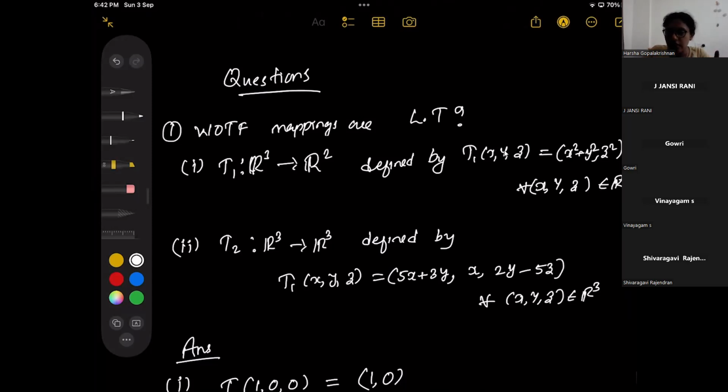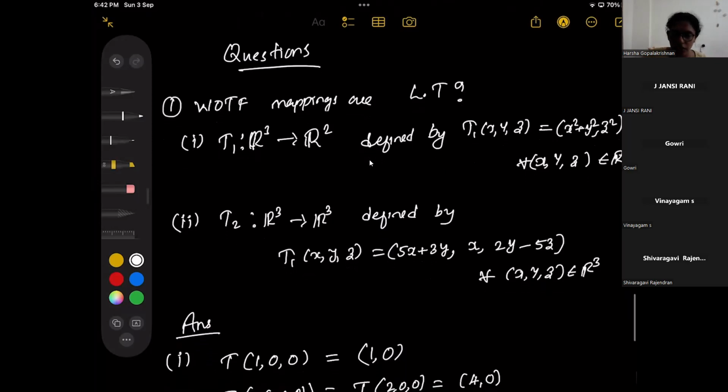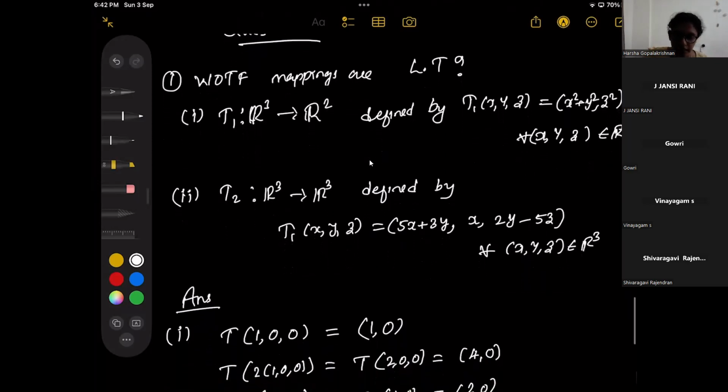So is the first question clear for everyone? This first example. Any doubt in the first example why it is not a linear transformation? No, ma'am. Okay. Now, what about the second one?